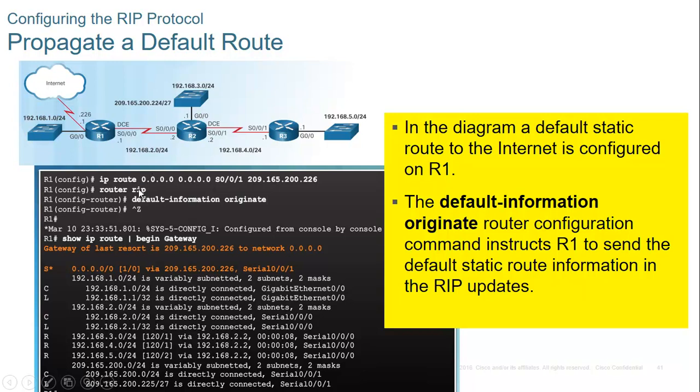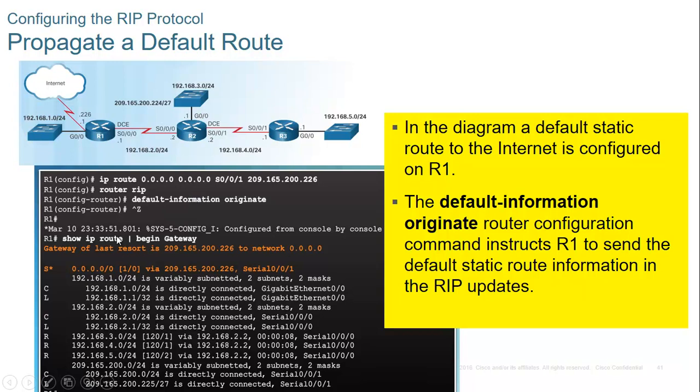And then under router RIP, if you want to tell your neighbor about this route that you have, you type default-information originate. Now this command will tell the router to make a place in the advertisement for this default route. Default route only. Not static route, but default route.